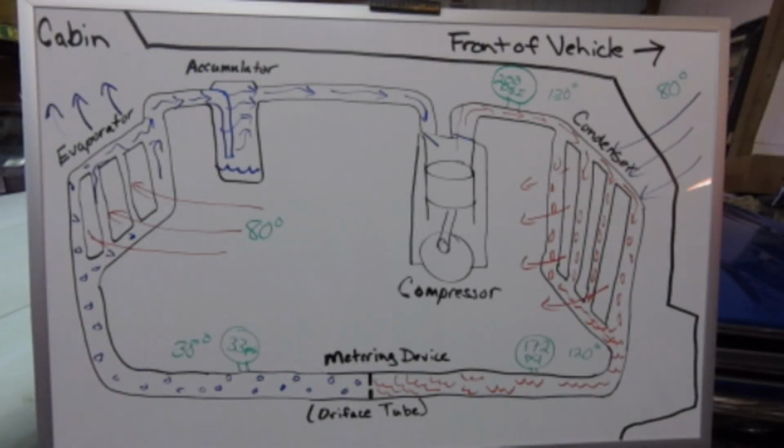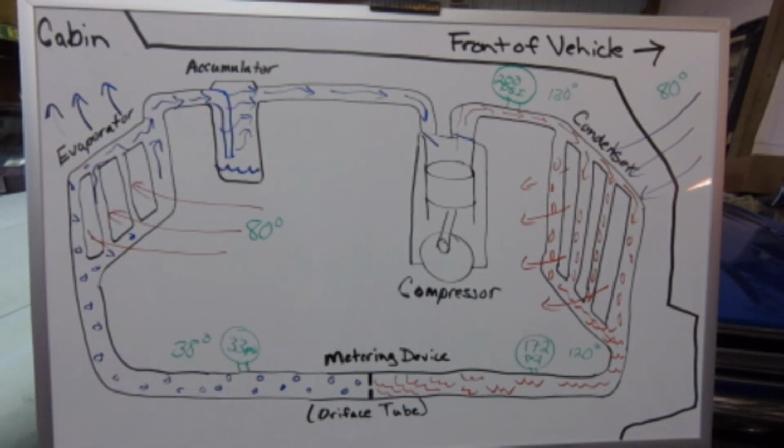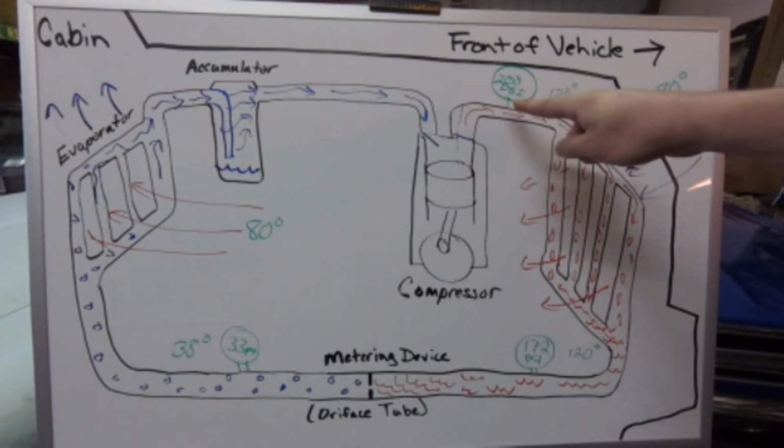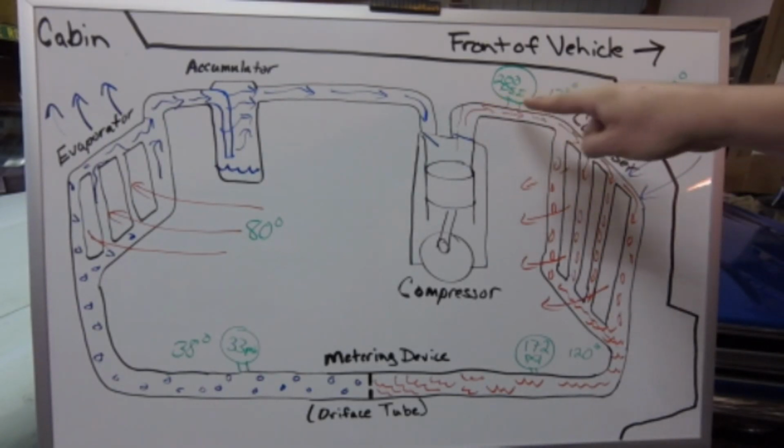So now as the vapor refrigerant re-enters the compressor, the vapor is low pressure and it has already picked up lots of heat from the air before it got into the cabin. So even though it is low temperature and low pressure, it has a lot of heat energy. Once we compress it at the compressor, now we have a high pressure, high temperature refrigerant with a lot of heat energy still in it.